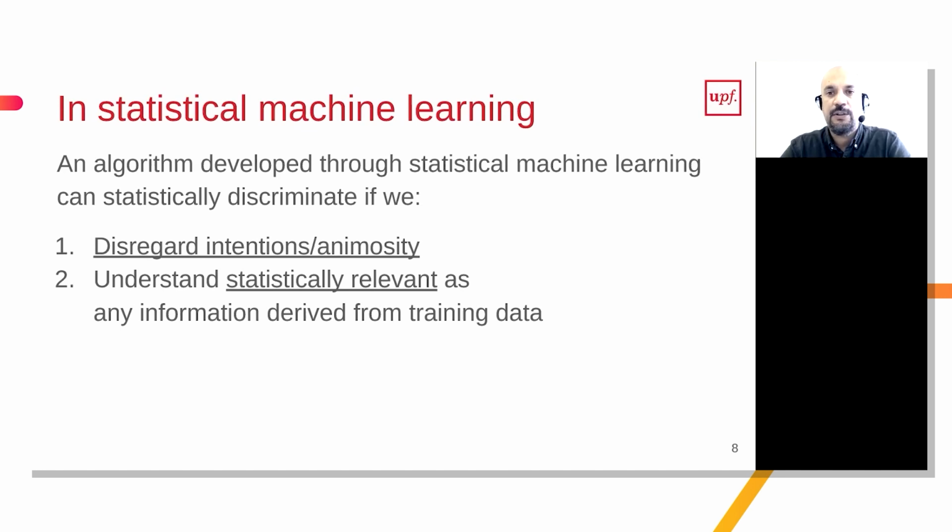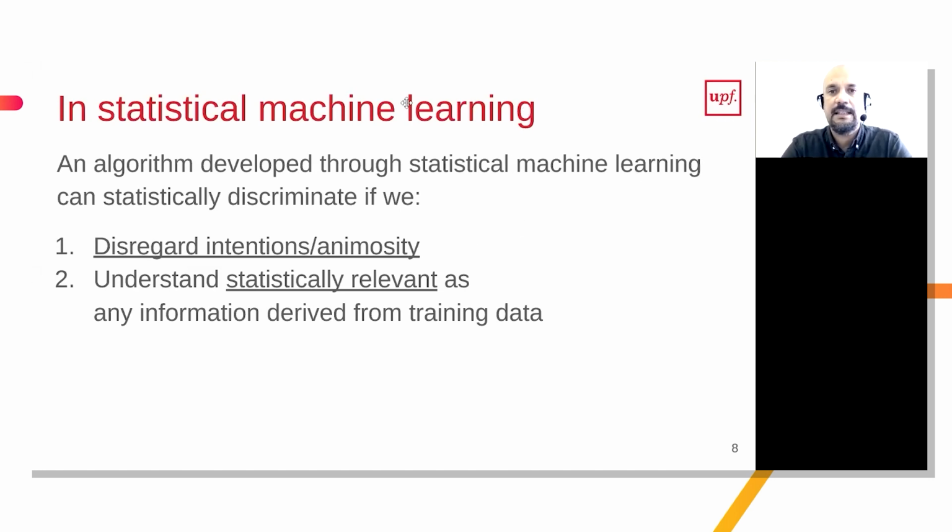First, we don't need to necessarily think of intentions or animosity. Many algorithms can be created with the best intentions in mind and end up being discriminatory. So we don't necessarily assume that an artificial intelligence has animosity, but also we don't necessarily assume that the developers have any bad intentions.